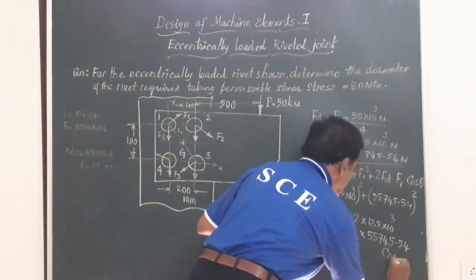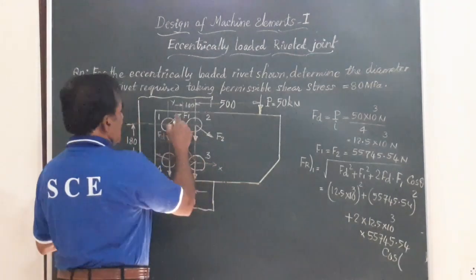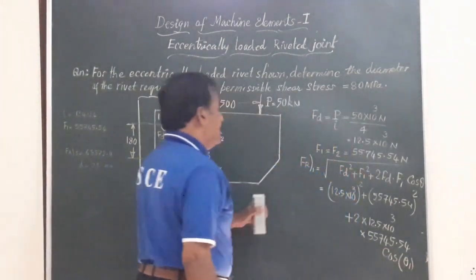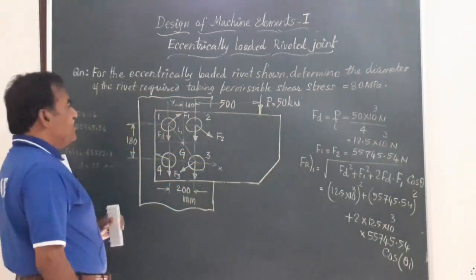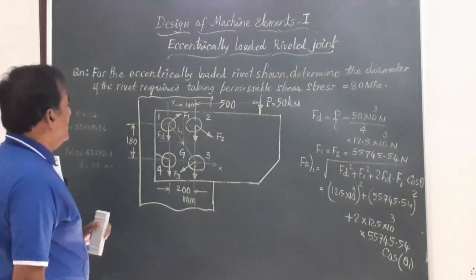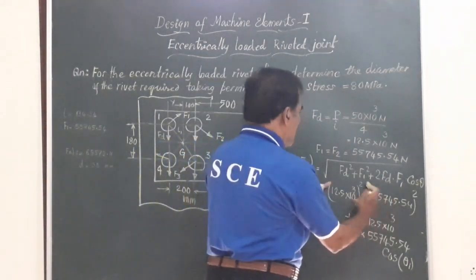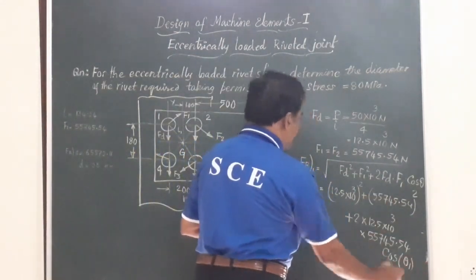Cos theta is this angle, so I will say theta 1 here. Friends, you are going to get a value of FR1, which I am very sure is going to be just this value minus this.